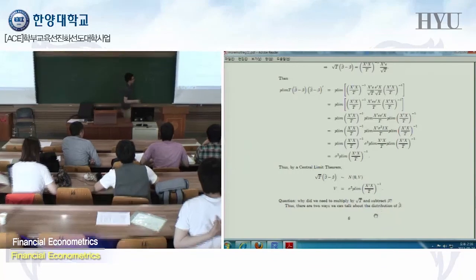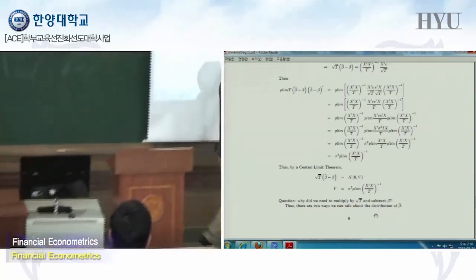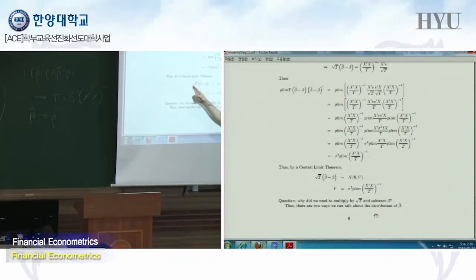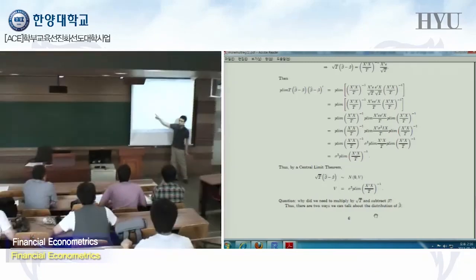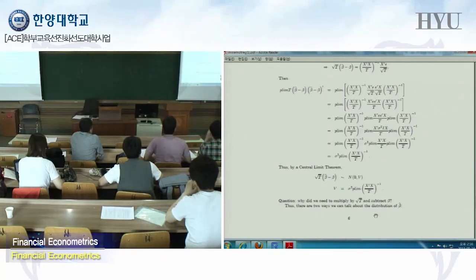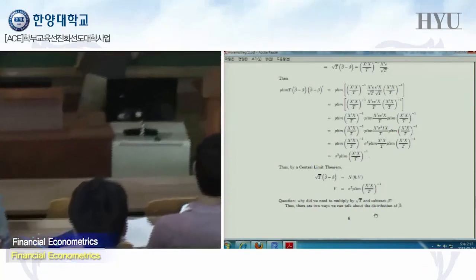And of course, that is the more rigorous notation. But if we are not so rigorous about the notation, we can cancel this root t out. If we cancel this root t out, this one goes away, right? Then we can move beta over here. Then it looks like this, okay?